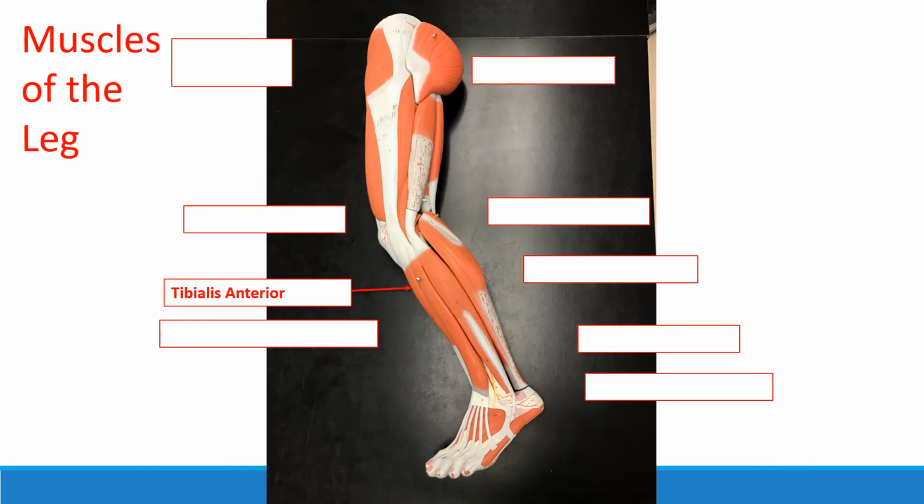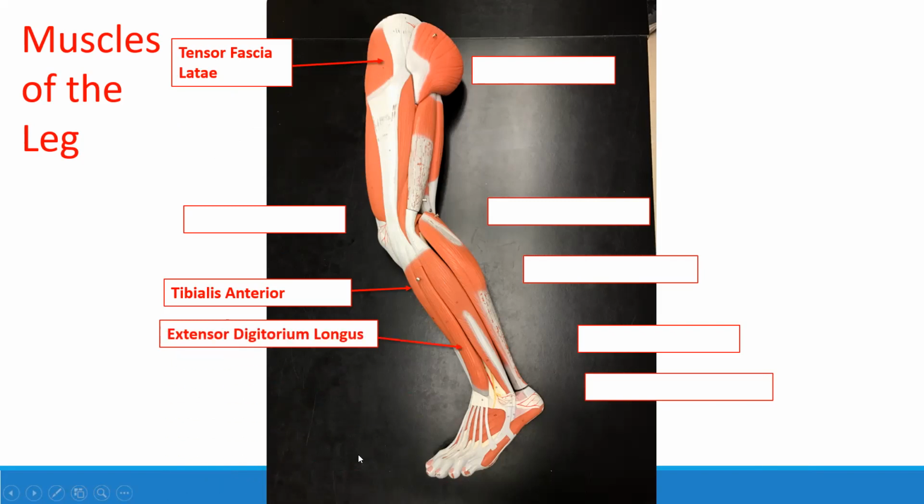Because when we take a step, our toes spread out to stabilize our position, and our toes flex to give us a firmer grip of what we're standing on. There's the tibialis anterior. Now above that, there's a very large muscle called the tensor fasciae latae, also running along the lateral side of the leg. It's a very large muscle, extends all the way down past the patella right there.